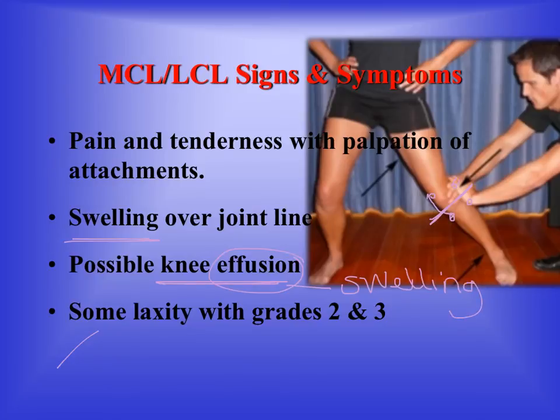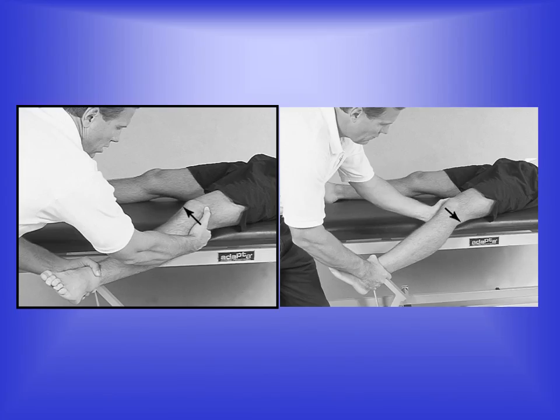And then last but not least, and most importantly, would be laxity, or what we would call joint looseness, right? So remember, we said the ligaments maintain stability. So anytime you have a ligamentous sprain, specifically with a grade 2 or grade 3, that joint is going to be loose. So you have to test the stability of the knee, and we'll talk about that on the next slide. So as you're looking at this slide, these are the stress tests of the knee to determine the integrity of the MCL and the LCL.